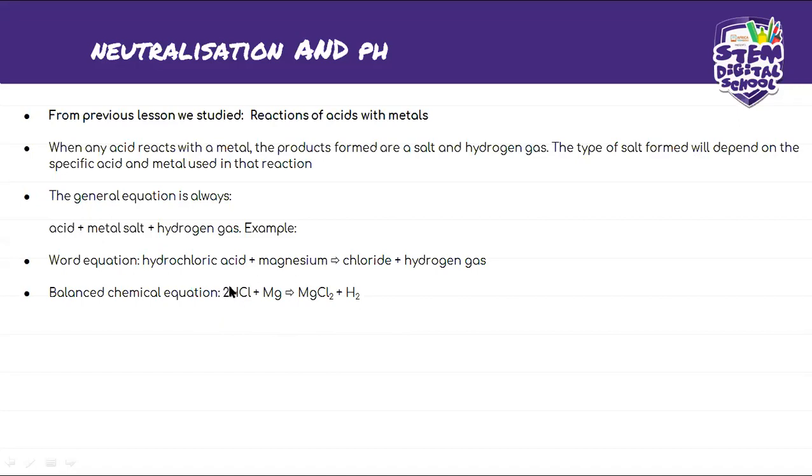Then it's balanced for hydrogen. The 2 affects the whole HCl, meaning it's multiplying, so Cl is also 2, which is balanced here. Now let's look at magnesium. Magnesium is fine. So we have HCl reacting with magnesium to get magnesium chloride.